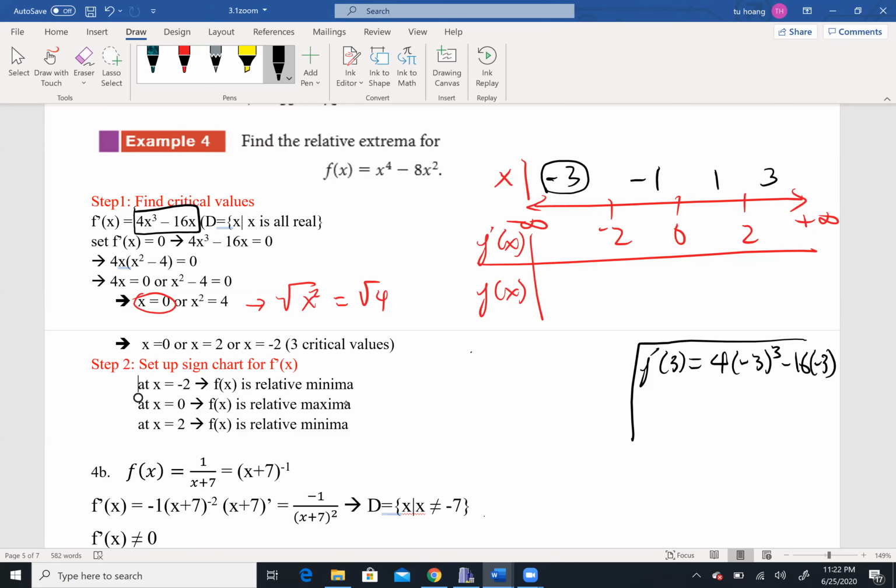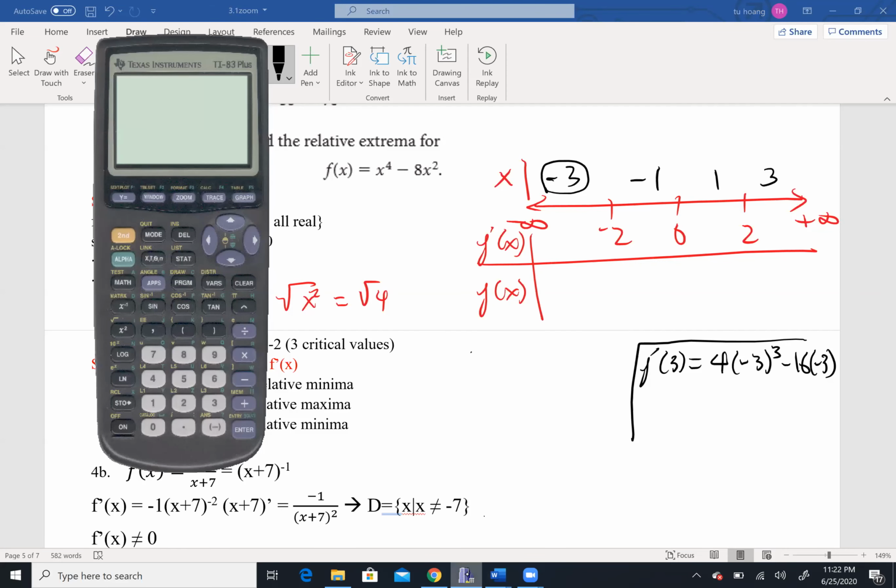If you are using a calculator, enter 4 times negative 3 cubed minus 16 times negative 3, and you're going to get a negative number.